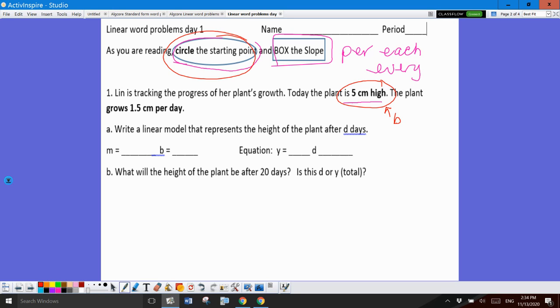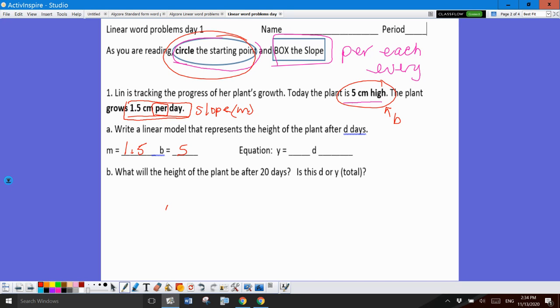Okay? Then I'm going to box my slope. So the slope means I'm going to look for the words per, each, and every. And if I take a look at my problem, I see that there's the word per right there. So this 1.5 centimeters per day, that is my slope, or the M. So my M is 1.5, and my B is 5.